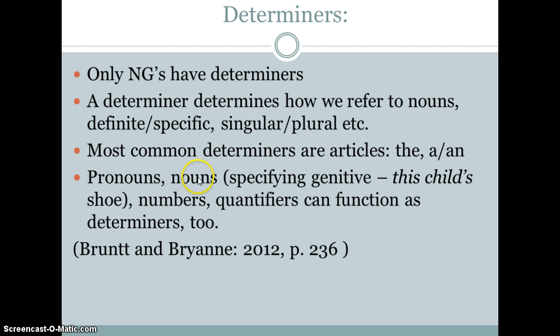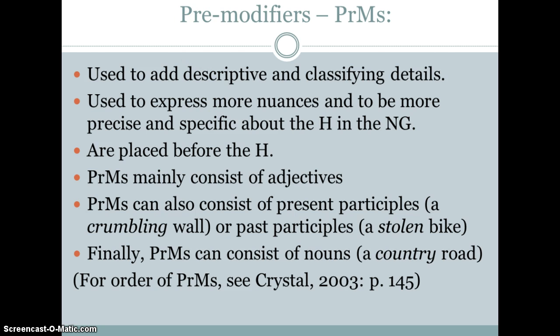Pronouns, nouns, can also make up determiners, for instance specifying the genitive, this child's shoe, as well as quantifiers and numbers can function as determiners too. And again, you can have another look at the chart in Brund and Brian on page 236.